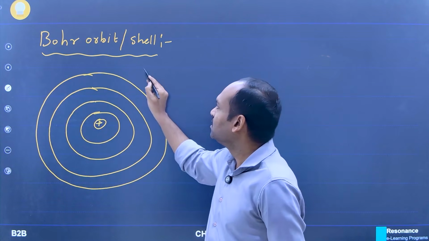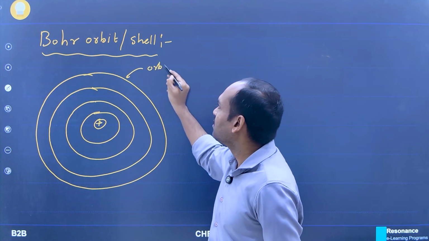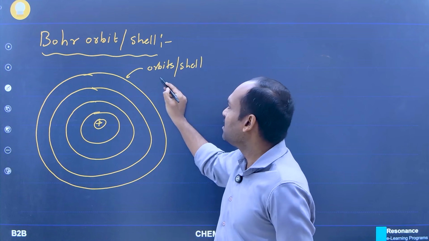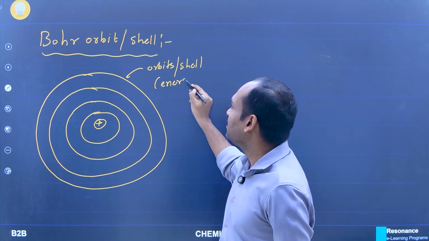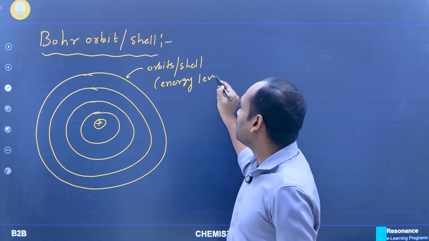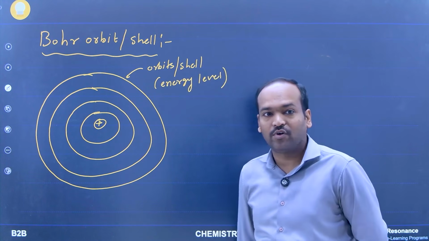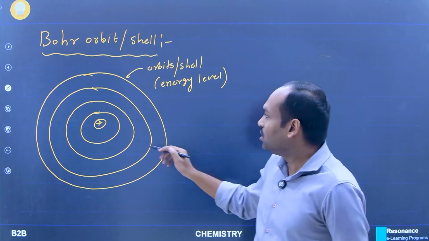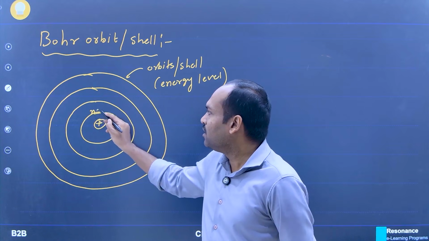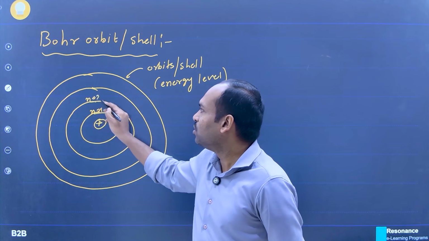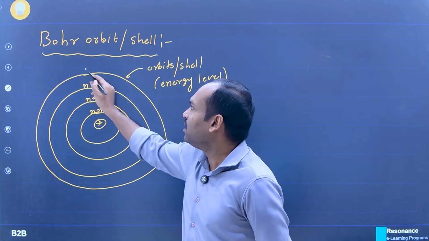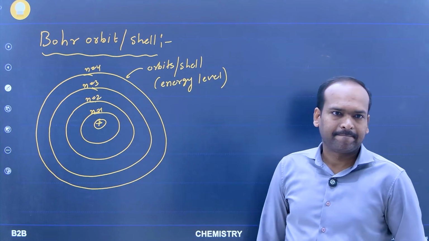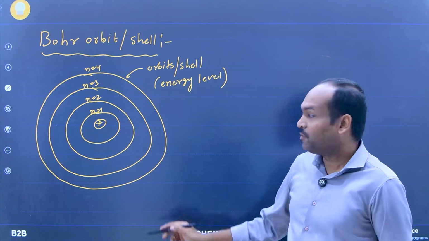These are known as orbits or shells, meaning infinite energy levels where the electron revolves in two-dimensional motion. So n equals 1, n equals 2, n equals 3, n equals 4 are the orbit number or shell number.